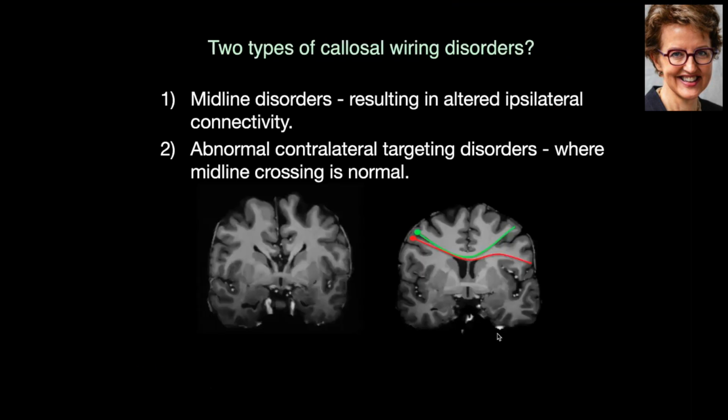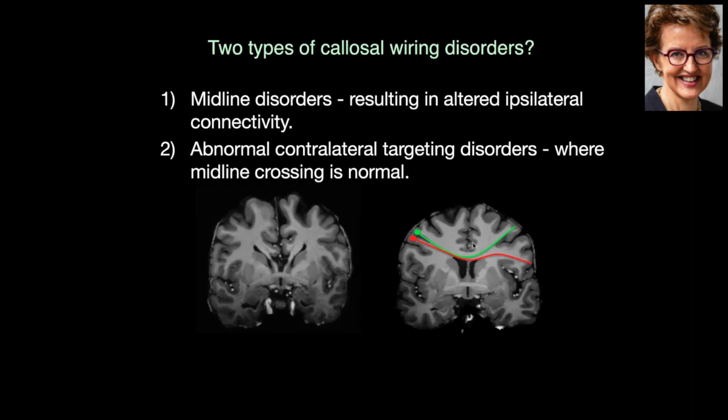So this work demonstrates that the overall brain connectivity during development is really quite variable in people and animals with corpus callosum abnormalities. And so it does beg the question as to whether there might be two types of callosal wiring disorders.